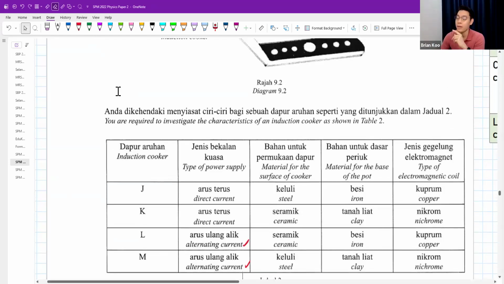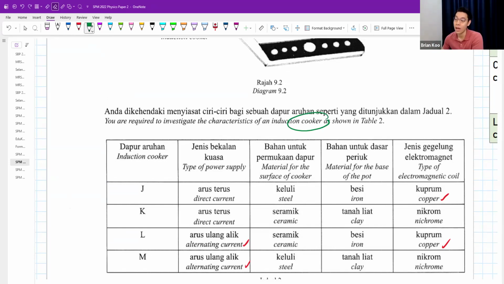Also, another thing, the type of electromagnetic coil, you must choose copper. This is where a lot of people got it wrong. A lot of people thought, teacher, a cooker needs a heating element, so I choose nichrome. Nichrome is for heating element. Heating element is a piece of wire that will become very hot when you turn on the power.